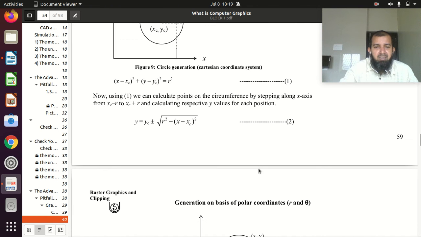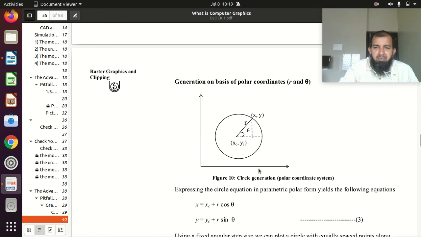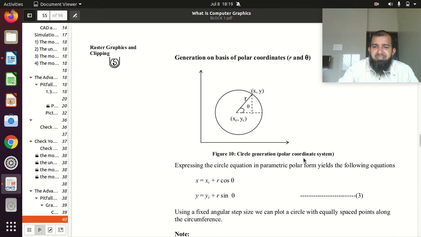Next, one more method: generation of a circle on the basis of polar coordinates, that is, using r and theta, radius and angle. Circle generation using the polar coordinate system.